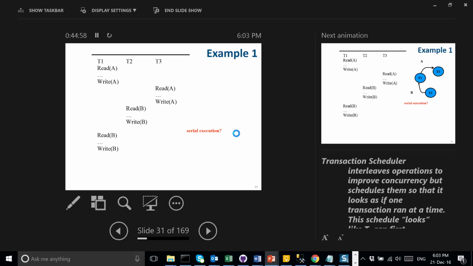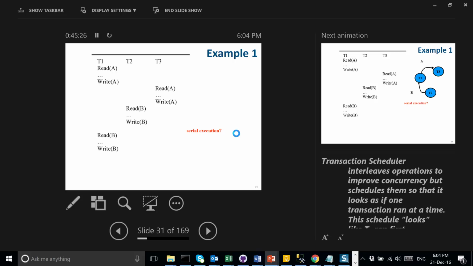So basically, concurrent transactions are allowed to interleave, to execute concurrently, as long as the schedule is serializable. Okay. Now, what does the database do? There are two approaches to enforce this serializability.